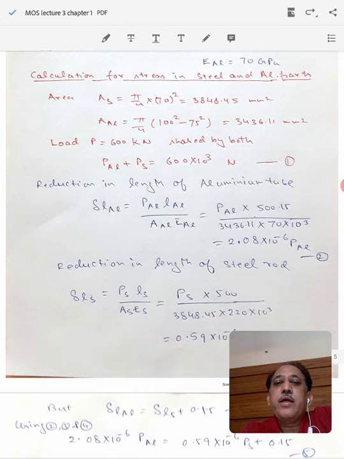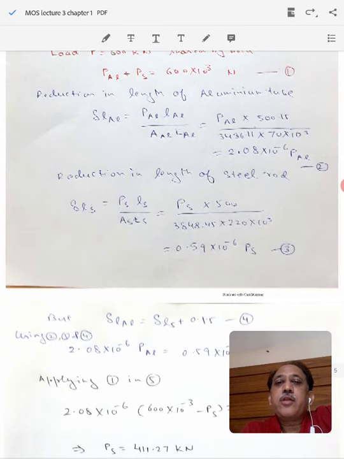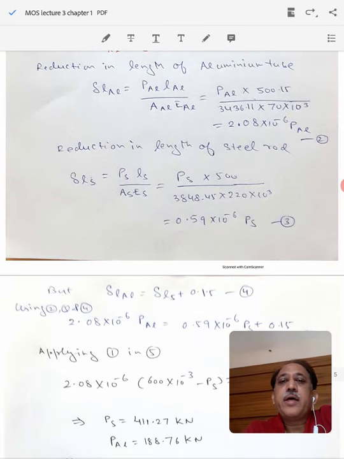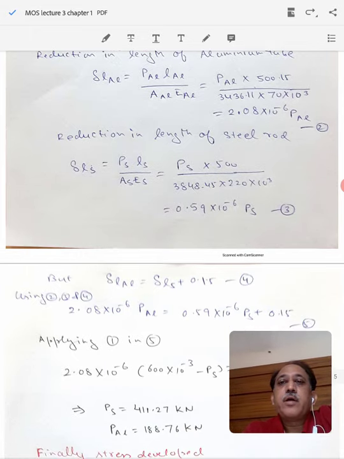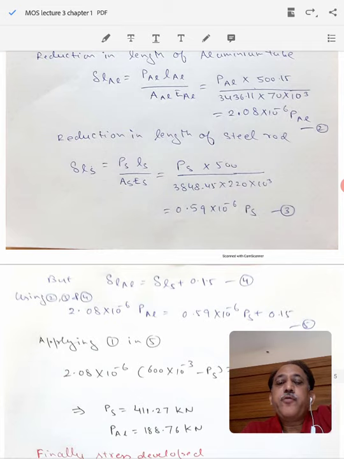So delta L_AL will turn out to be 2.08 into 10 to the power minus 6 P_AL. You can also calculate the reduction in the length of the steel rod using the similar formula. Again, you don't know the value of P_S, so you just keep it like this and substitute the other values of L, A and E for the steel rod and calculate this value as 0.59 into 10 to the power minus 6 P_S.